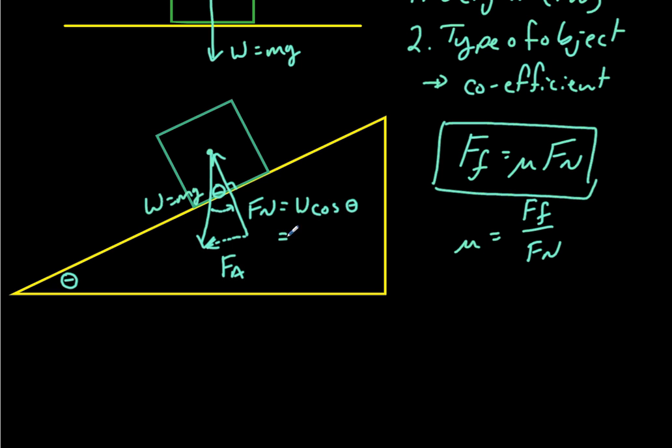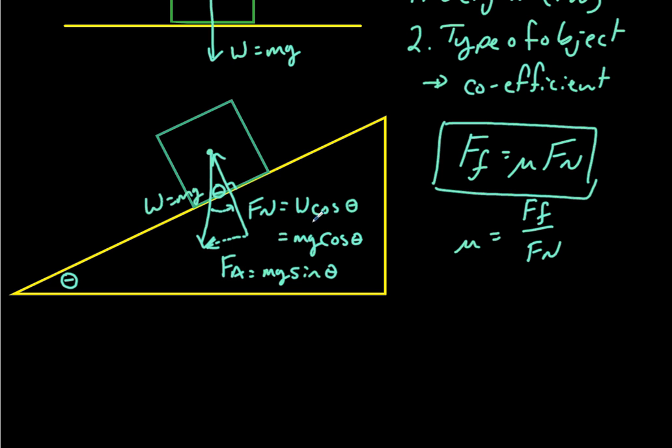Or better yet, since W is equal to mg, we can write it like this: normal force is equal to mg cos theta. The accelerating force is, again, based on the weight, so mg, however now we're at the opposite angle, sine theta. So normal force points up, accelerating force points to the left.